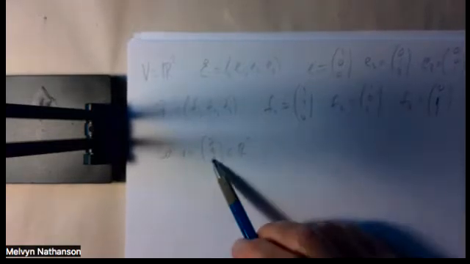Now, the standard basis is very simple because when we write the vector 2, 3, 4, this is 2, 0, 0 plus 0, 3, 0 plus 0, 0, 4. That's 2 times the vector 1, 0, 0, 3 times the vector 0, 1, 0, 4 times the vector 0, 0, 1. So with respect to the standard basis, this is 2e1 plus 3e2 plus 4e3.